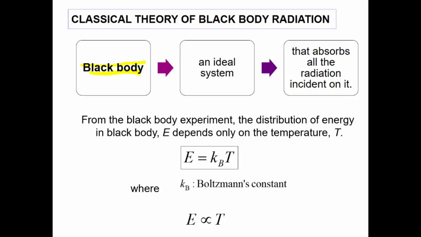From the blackbody experiment, the distribution of energy in a blackbody, E, depends only on the temperature according to this expression: E = kBT, where kB is the Boltzmann constant, which is equal to 1.38 × 10^-23 joule per Kelvin, and the temperature is measured in Kelvin. Thus, from the expression itself, we can see that energy is directly proportional to the temperature.